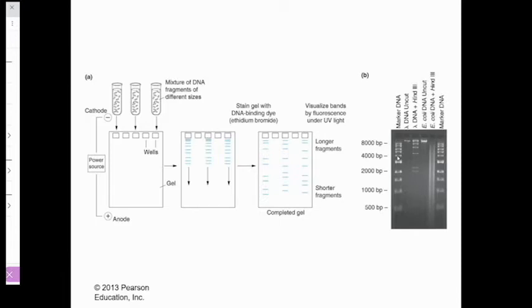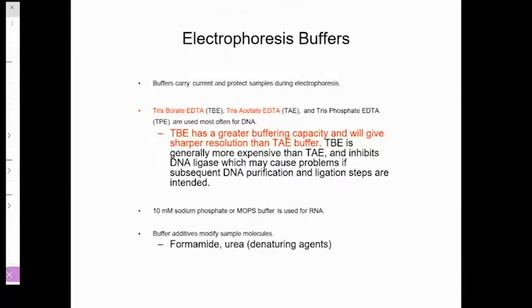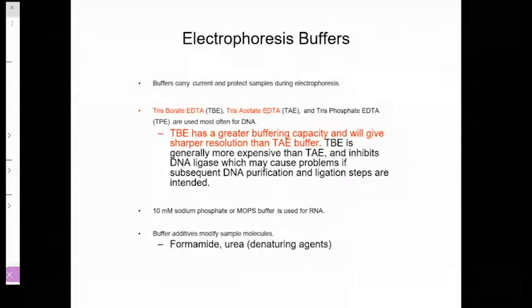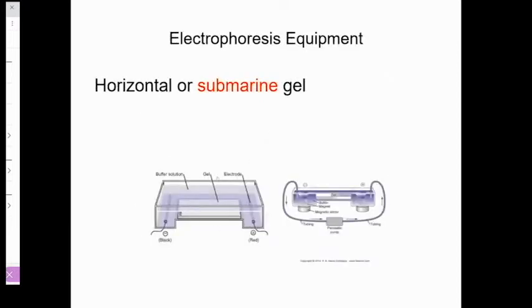And the buffer. These are two commonly used buffers, TBE and TAE. TBE has a greater buffering capacity and gives a sharper resolution than the TAE. This is the standard gel box.